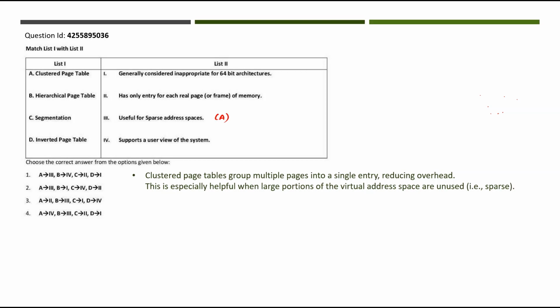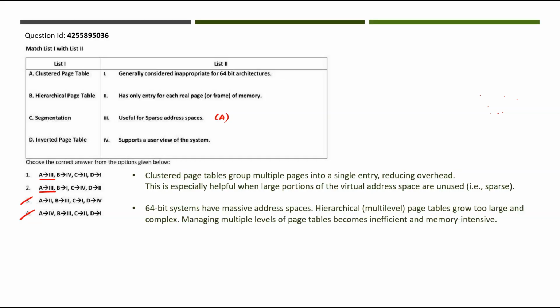A will be mapping to 3. A3 is available in 2 of the options. What about hierarchical page table? 64-bit systems have massive address spaces. Hierarchical means multi-level page tables grow too large and complex. Managing multiple levels of page tables becomes inefficient and memory intensive.